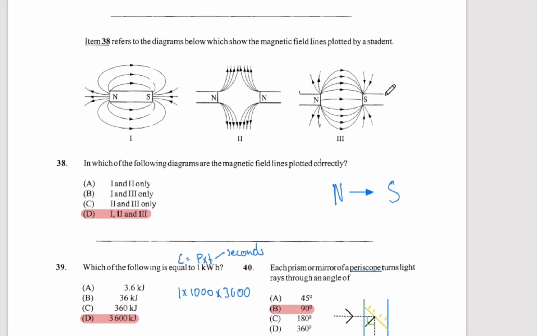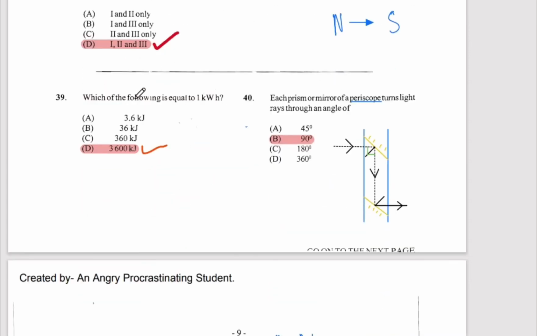In which of the following diagrams are the magnetic field lines plotted correctly? And it's plotted correctly in all of the diagrams above. 39. Which of the following is equal to 1 kilowatt hour? And that's D.